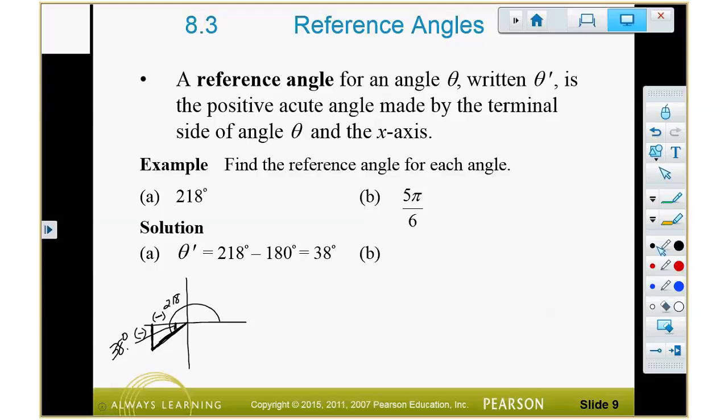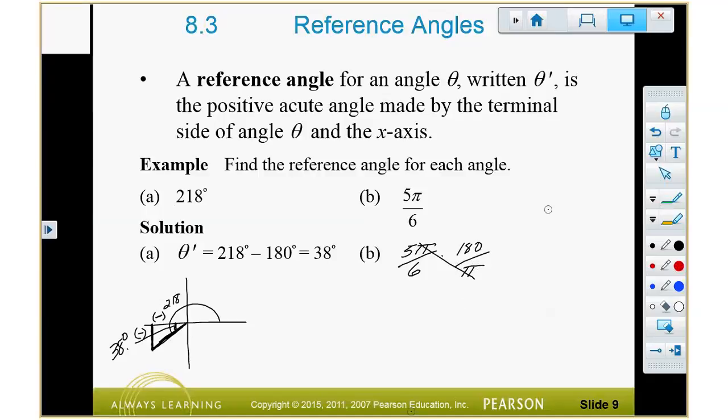Comprende? All right, first of all, 5 pi over 6. What's the first thing you're going to do? Find out where the heck you are. So what is 5 pi over 6? Well, you go over here. 5 pi over 6 times 180 over pi.